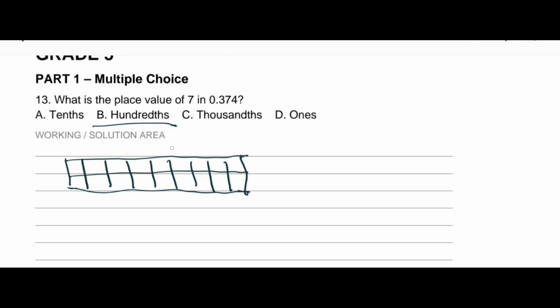For the whole numbers, we said that this is ones, this is tens, this is hundreds, this is thousands, this is 10,000, this is 100,000, this is 1 million, this is 10 million, this is 100 million, then this is 1 billion. Do you remember that?